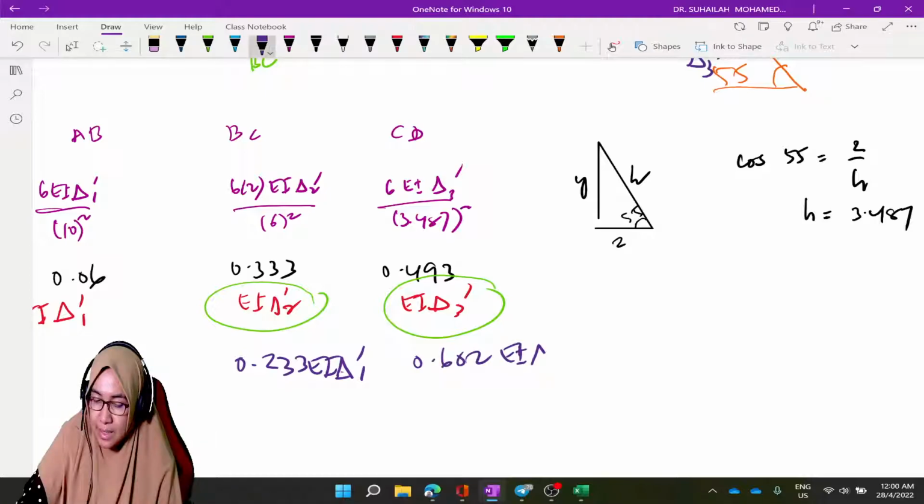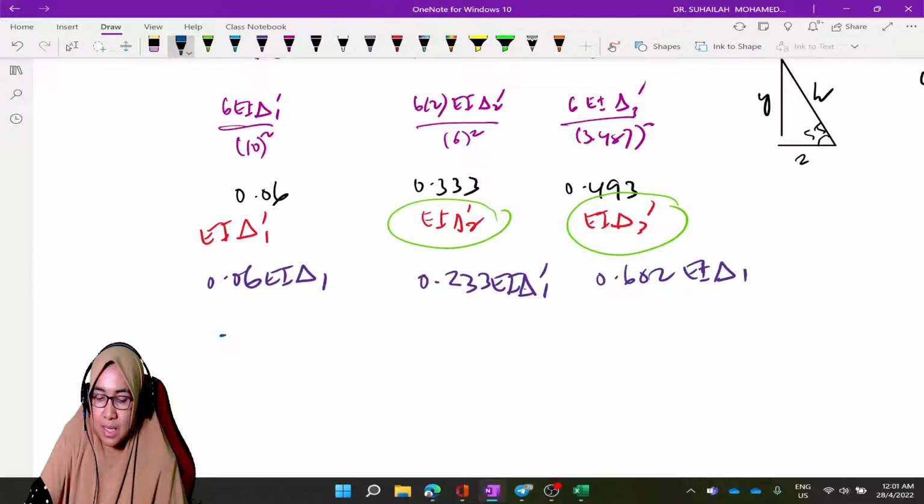So we have 0.06 EI delta 1. Okay, so if we assume FEM for member AB is negative 100, please continue to find the value based on this ratio.